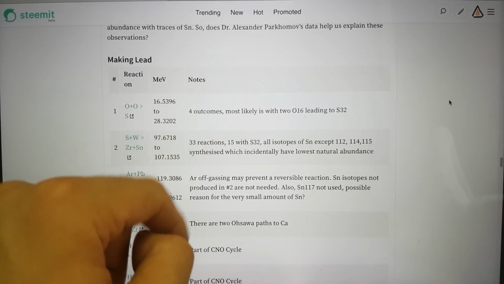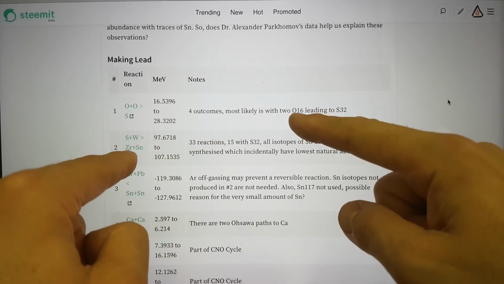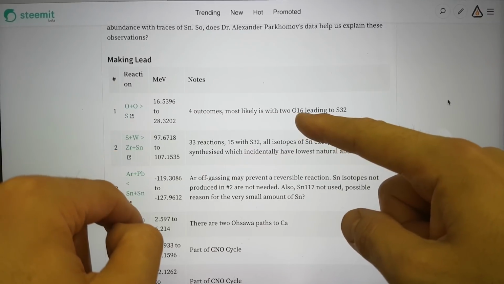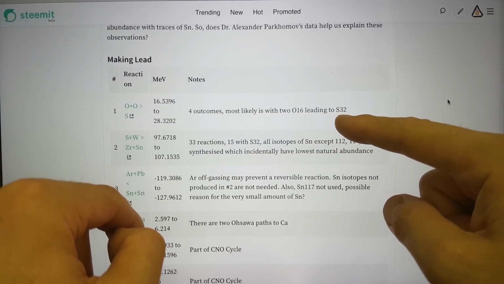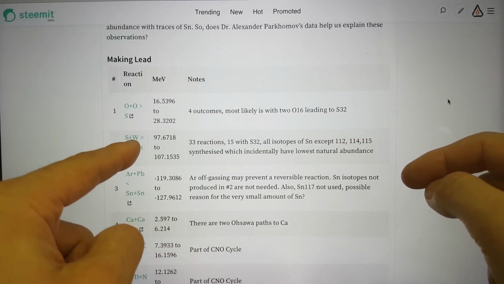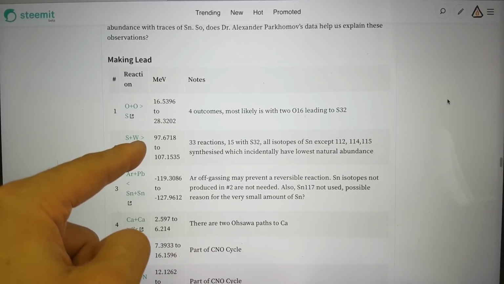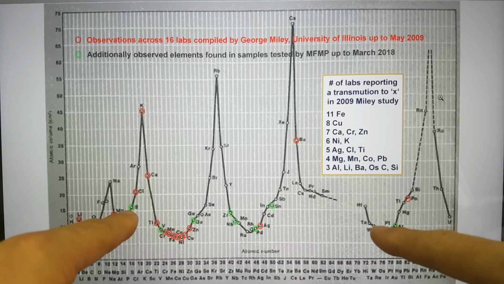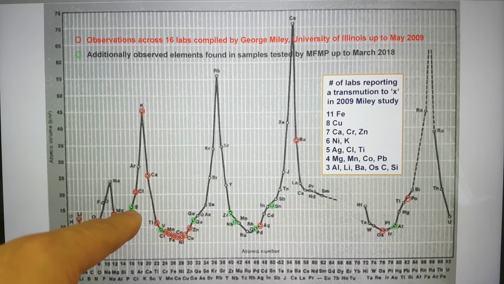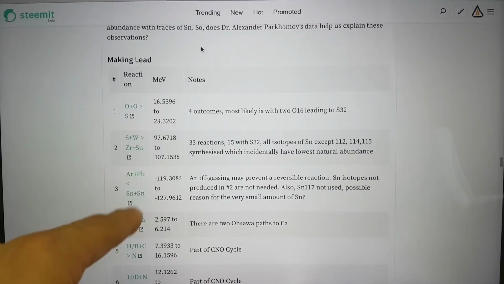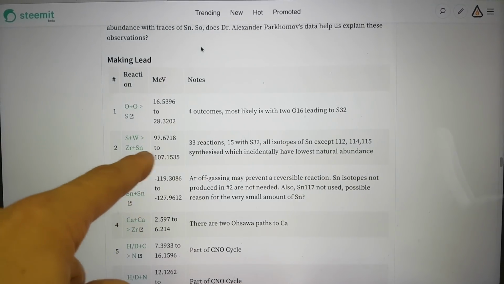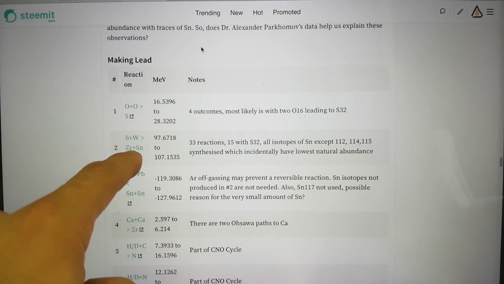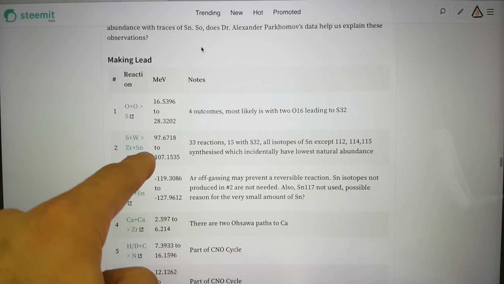There's 4 outcomes, and the most likely is with the most common isotope of oxygen, 16, going to sulfur, 32. Now, if you take sulfur plus tungsten, so if we look at the atomic volume, we've got sulfur here, and we've got tungsten all the way over here, and we fuse those, we get zirconium and tin.